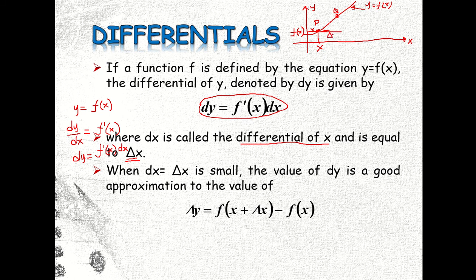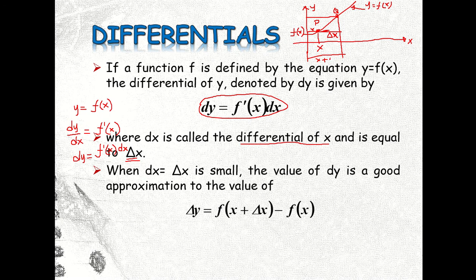This is the displacement as the point P moves from P to Q. The total distance from the y-axis to point Q is the sum, x plus delta x.